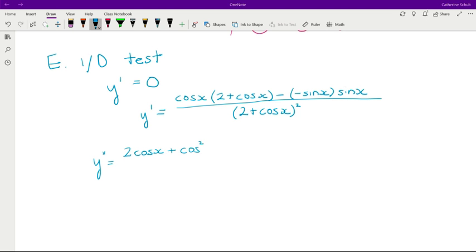So distribute your cosine, minus minus becomes plus. Ooh, I love when I see that. All right, and what do I see? Cosine squared plus sine squared is equal to what? Equal to 1 by the Pythagorean theorem.